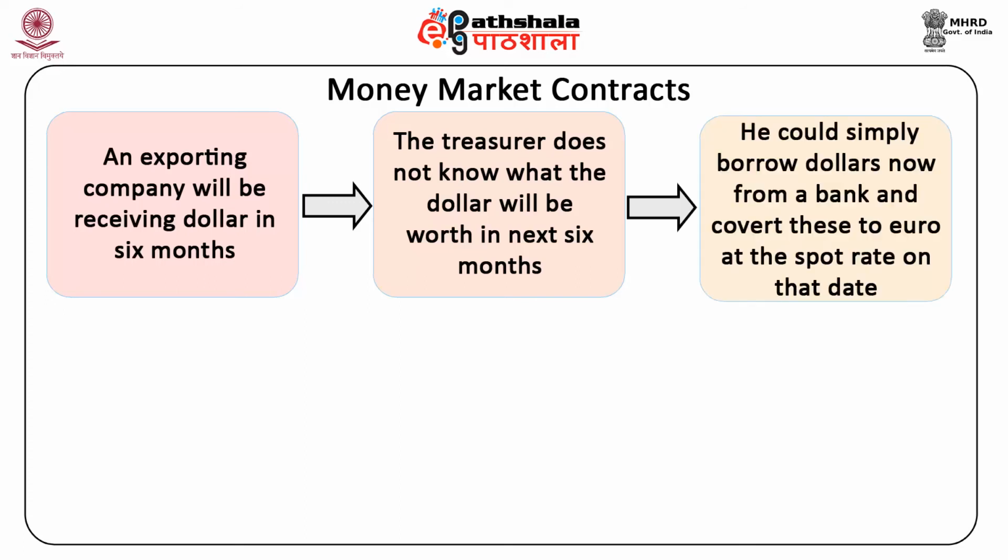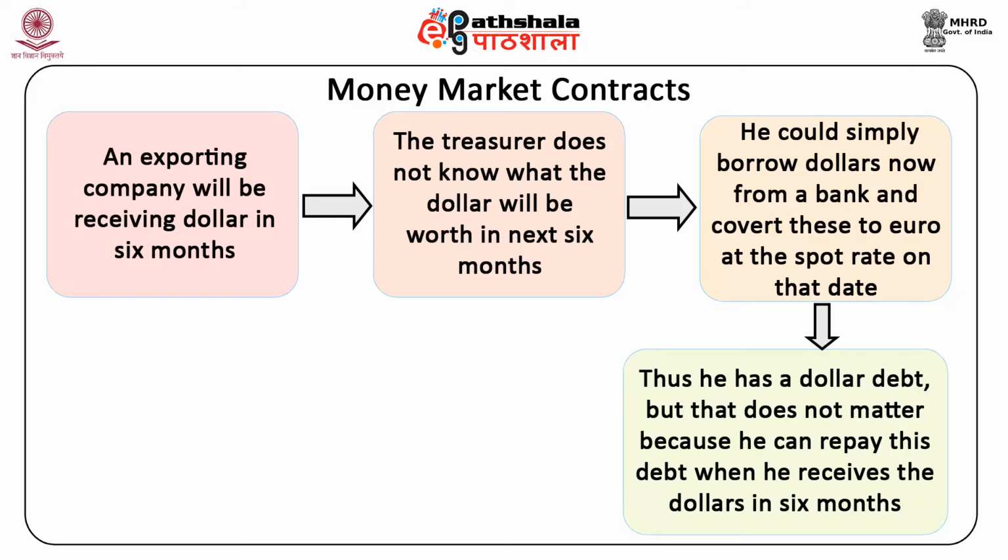He could simply borrow dollars now from a bank and convert these to euro at the spot rate on that date. Thus, he has a dollar debt, but that does not matter because he can repay this debt when he receives the dollars in 6 months.